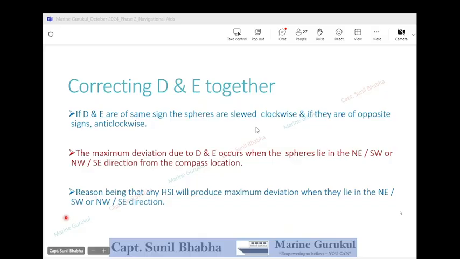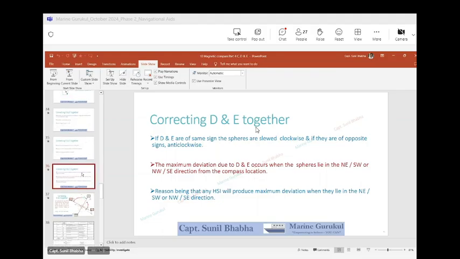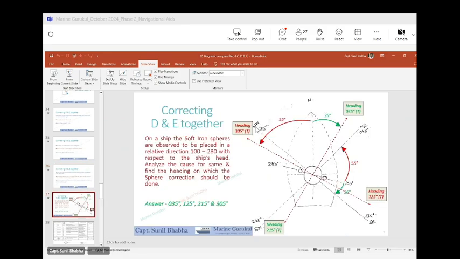Let's try to understand this using a diagram. Okay, now this concept will become all the more clear by looking at a practical question which has come in the exam.